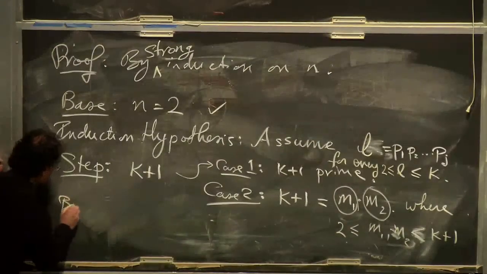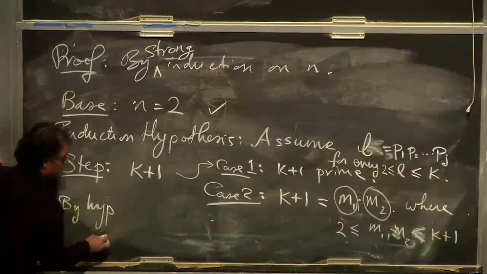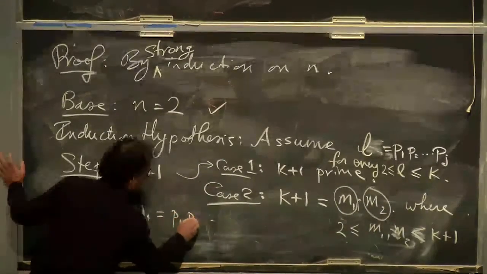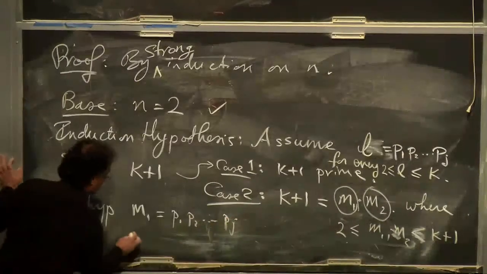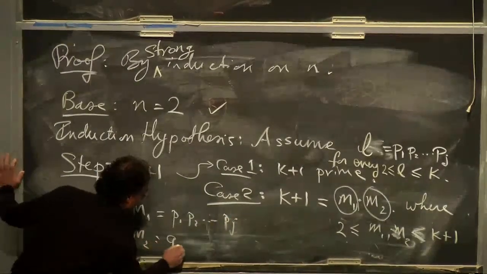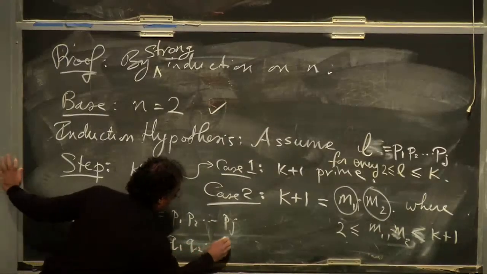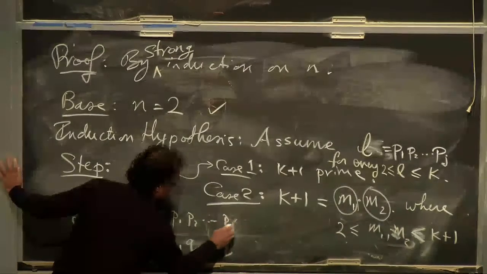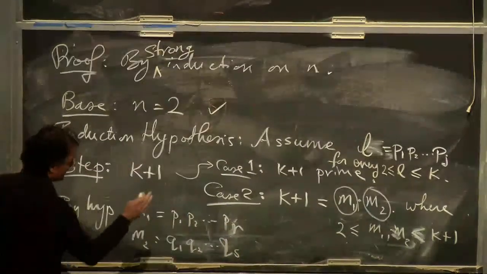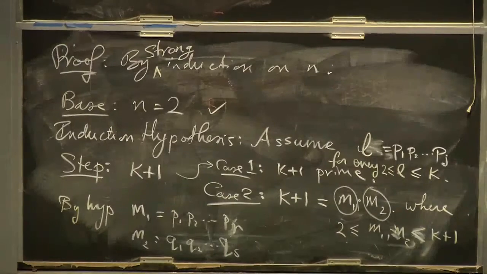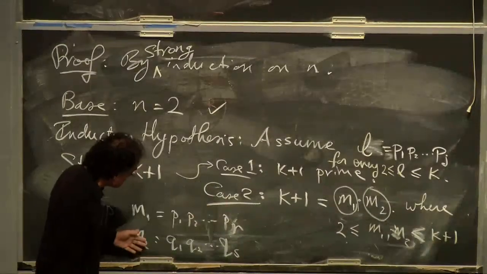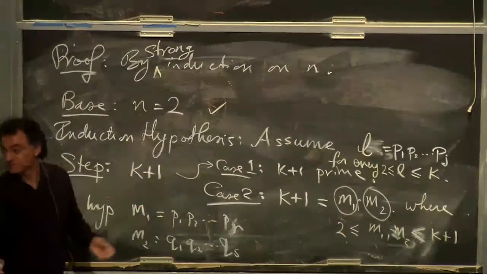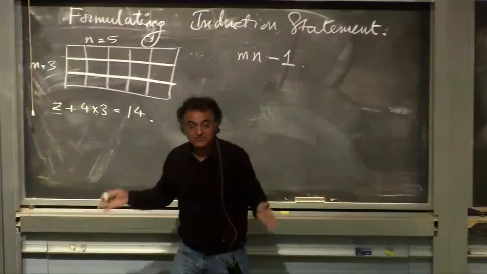So by hypothesis, m1 can be written as p1, p2 through p sub j. m2 can be written as q1, q2 through q sub, let me call this R, let me call this S, just to get two indices that seem related. So you can write this as a product of some number of primes, this as a product of some number of primes. So when you multiply them, you get a product of some number of primes. That's it. That's the proof.